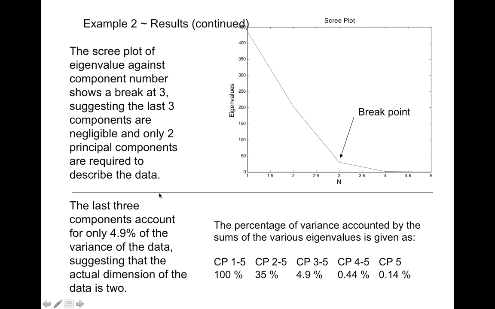So here's the scree plot where we're plotting component number and its eigenvalue, and you can see that clearly by the time we get to the 3rd component, there's a break in the slope here. So we could easily say that the first 2 components are significant principal components.